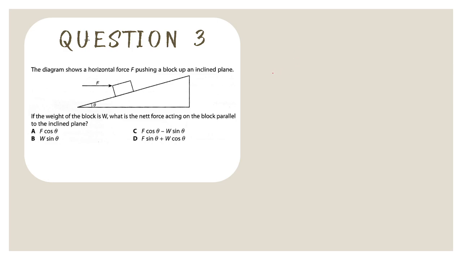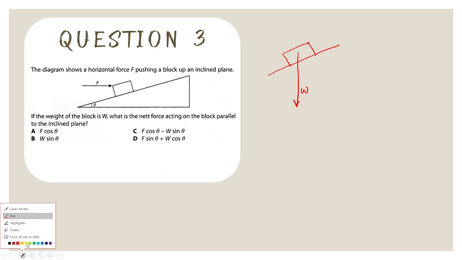One is a block, so this is the inclined plane, and this is the block. The weight of the block is pushing downwards directly, so we call it W. And because we have a normal reaction force, it is a normal force going up.